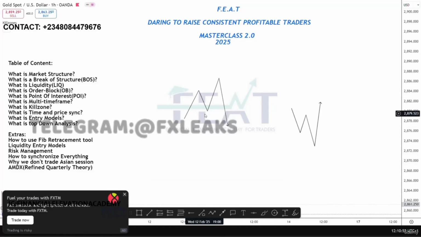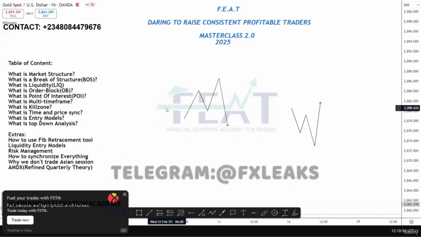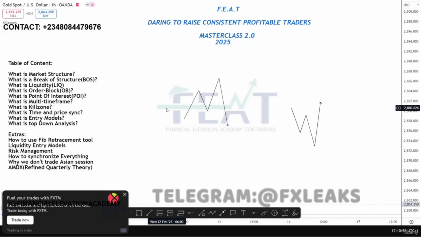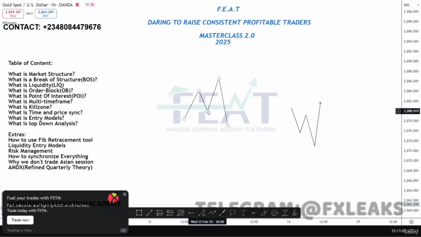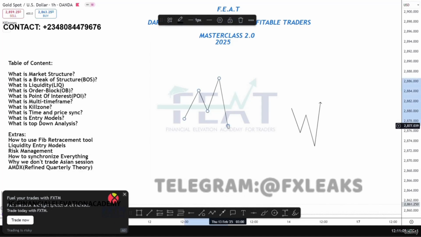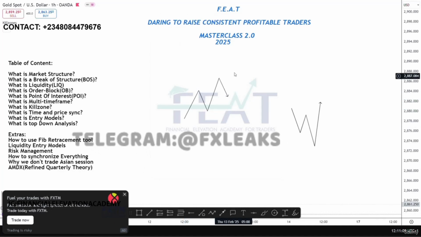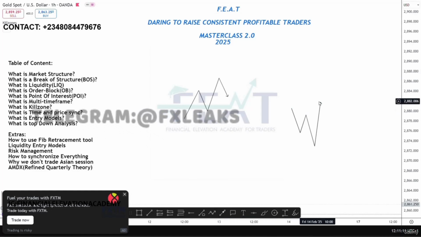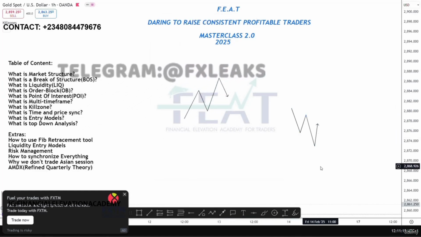Okay, so what makes it a break of structure is the fact that, like I showed you in the other drawing on market patterns, it did not respect it. If it was not going to break structure, this would have happened, right? And then from here we'll buy back up. If it was not going to break structure, this would have happened, and from here we'll sell down, right?